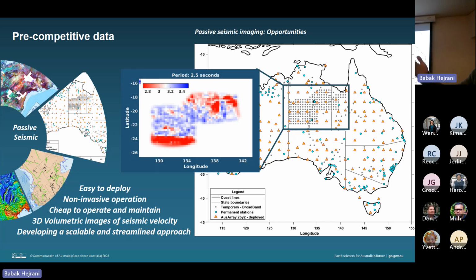So it will provide additional rays, additional coverage, and it will improve the resolution. But even without the permanent station, this network properly covers Australia. So just data from this network, I think it's enough to provide a lithospheric image for Australia. But yes, just because we do have the permanent network, we will definitely use the data.